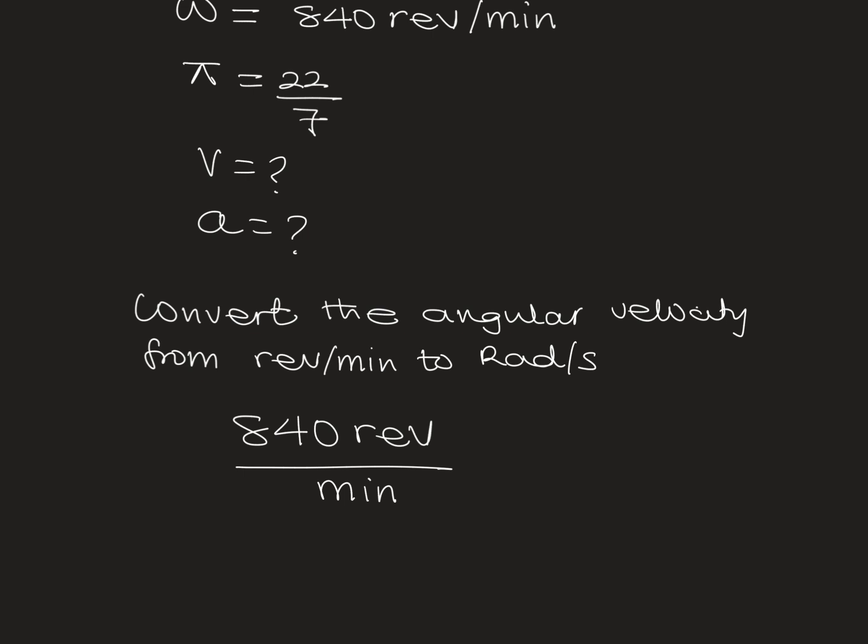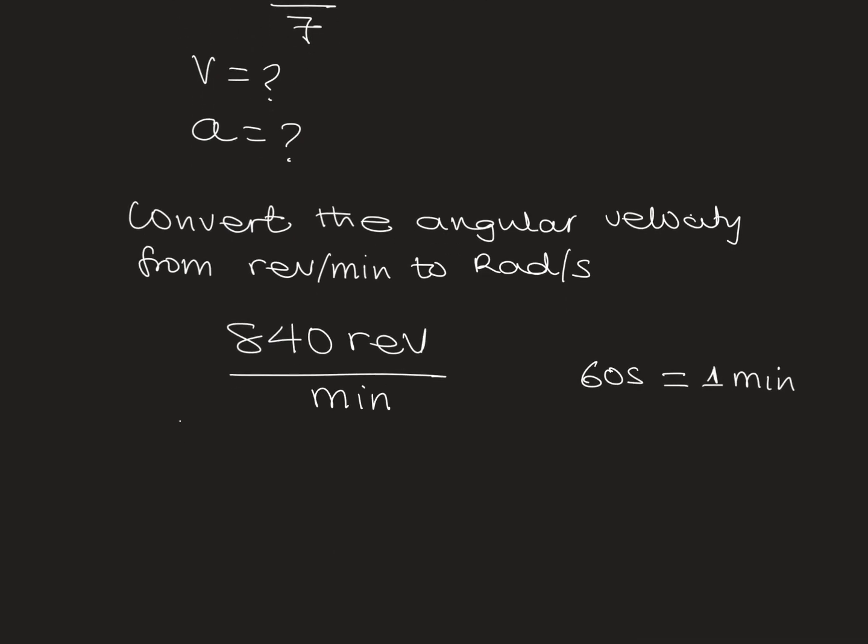When converting angular velocities from one unit to another, it is important to note if the unit of time has changed. The unit of time has changed from minutes to seconds. So we will first try to convert time from minutes to seconds. We have to remember that 60 seconds is equal to 1 minute.